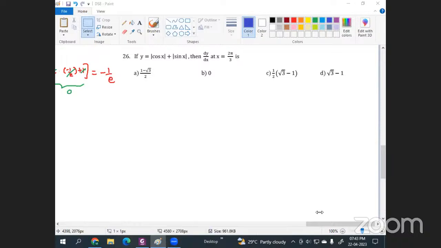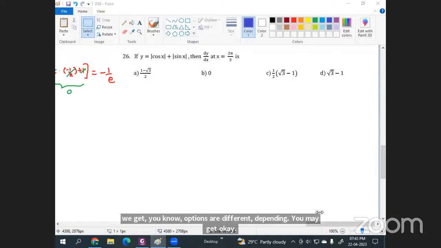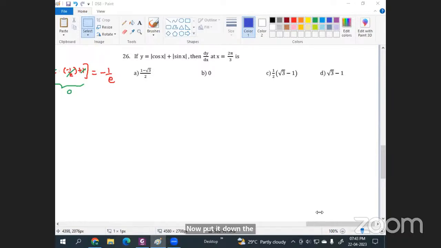Nagapriya, sometimes without our knowledge, the options are different, you may get. Okay, now put it on the paper and get the right answer. Right? Okay, and CCB is given. Check what is the right option. Right, some people give 0 also. We'll check it.